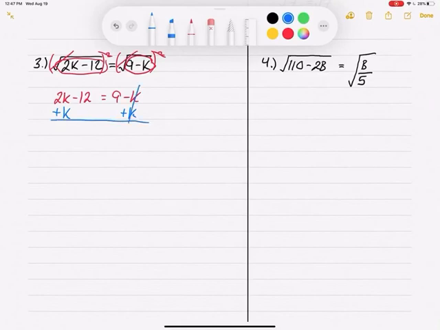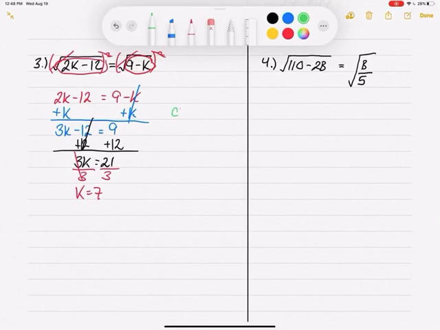I have 3k minus 12 is equal to 9. And then I'm going to add 12 to both sides so that I have 3k equals 21. I'm going to divide both sides by 3, and I get k equals 7.